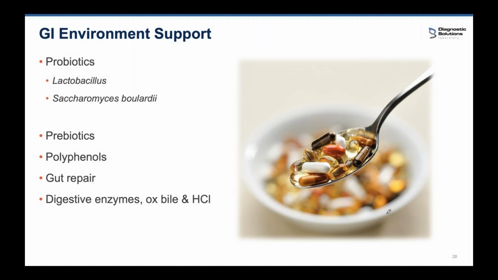And then you want to support your digestion. So making sure that all the nutrients you're taking in are getting broken down, getting absorbed into you, and not getting left behind as food for your Candida, for your bacteria, for the other organisms that may be hanging out in your upper GI just waiting for that opportunity. So I'm using digestive enzymes, brush border enzymes, usually in combination with your pancreatic enzymes, but they're very different. Ox bile, often I'll use HCl as well.